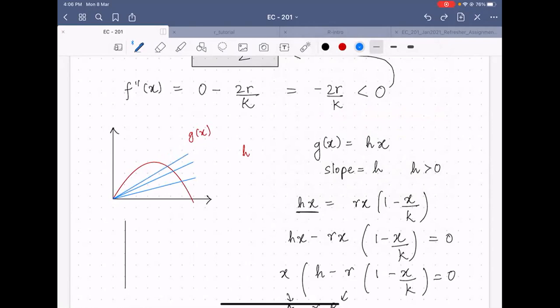So my line could go like this, or something like this, right? I can actually change the h, that is the slope of the line. But how many points of intersection can I expect? 2. Max 2. Maximum would be 2, correct? What would be the minimum? 1. Minimum would be 1. Good. When would the minimum happen?